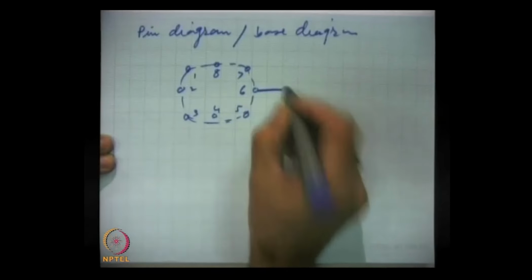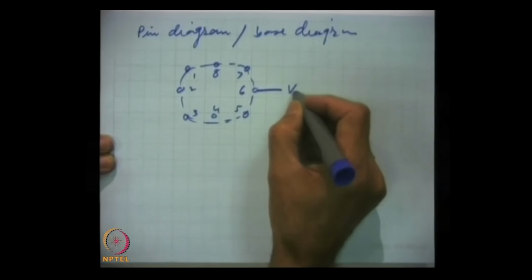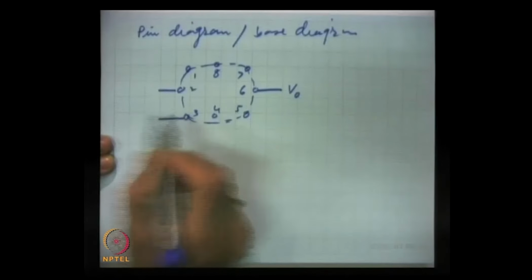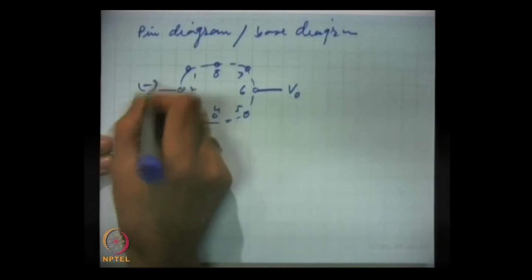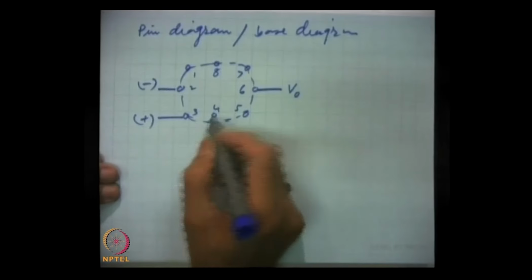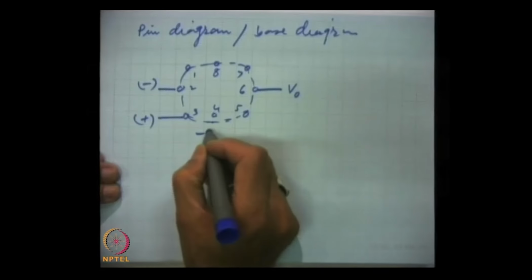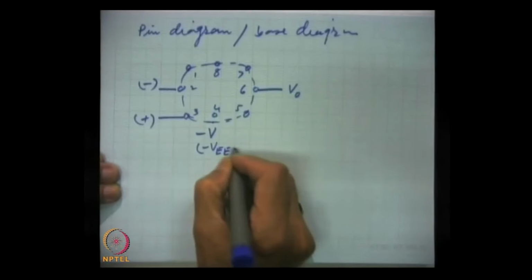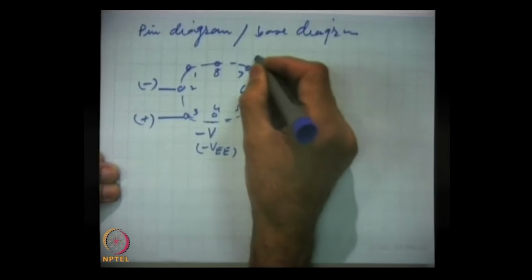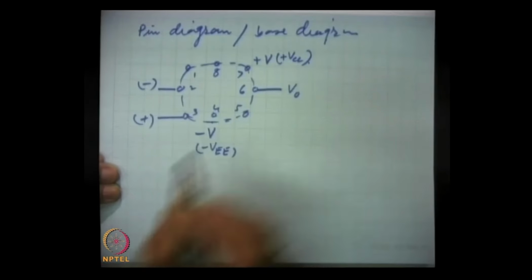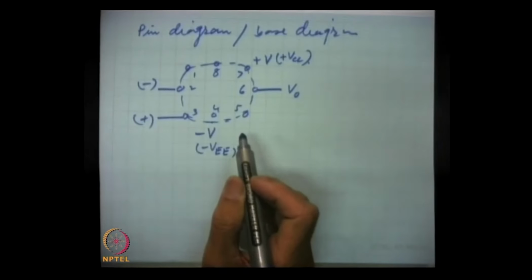The output, V out, is here, and the two inputs are at pin number 2 and 3. This is the inverting and this is the non-inverting. This is the connection for minus volt, that is for minus VEE, and pin 7 is for plus VCC, and these are offset.